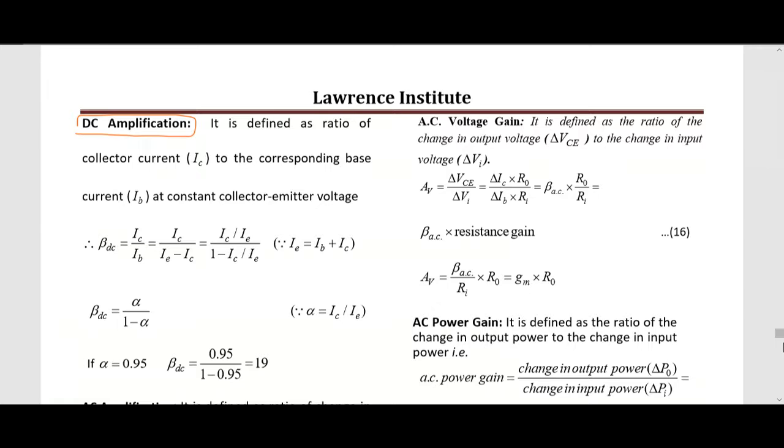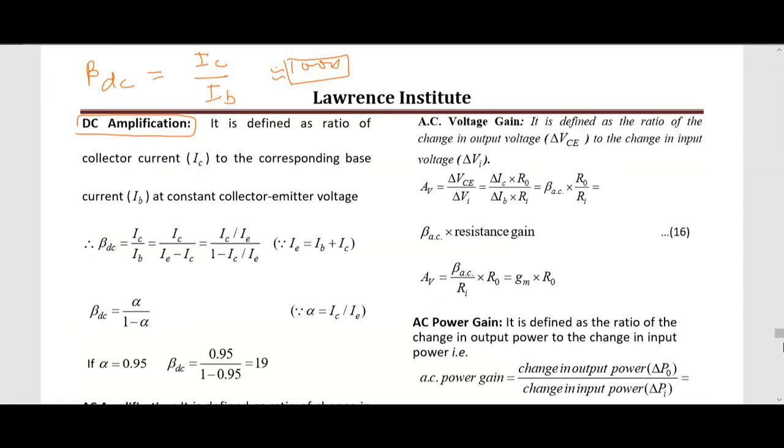So, remember, this beta DC, output is IC, input is IB. So it will be of the order of 1000 because this is in milliampere and this is in microampere. So the value of beta DC is very high. First remember this thing.